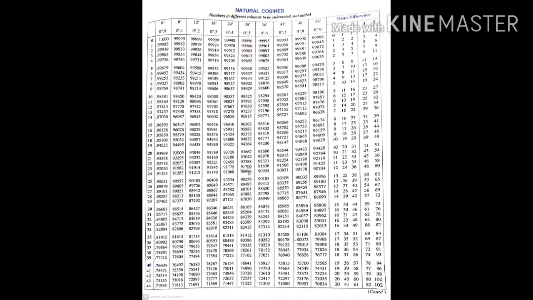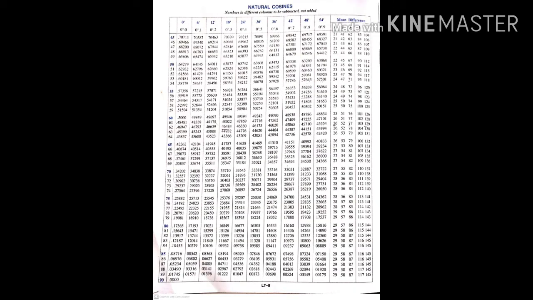That value is 0.76604. Now if you move on to the next page, there is cos 45 degree and the value is 0.70711, so the values are gradually decreasing. Now you check cos 60 degree is 0.50.